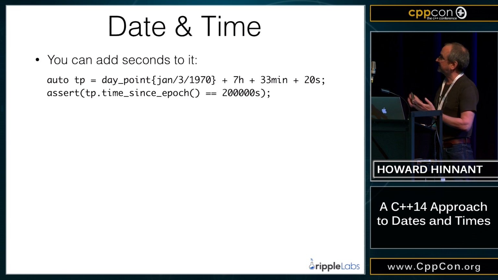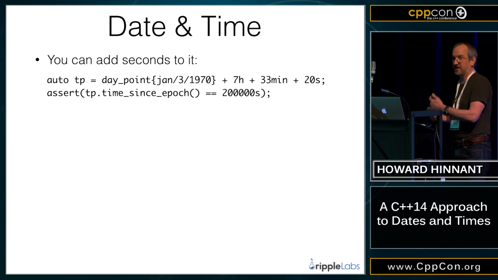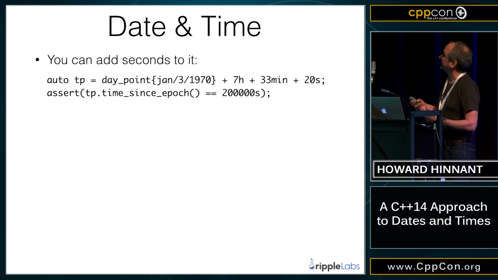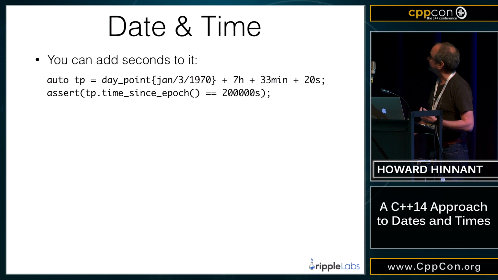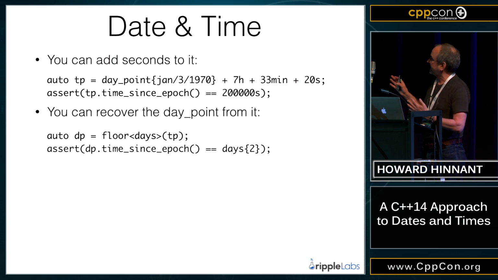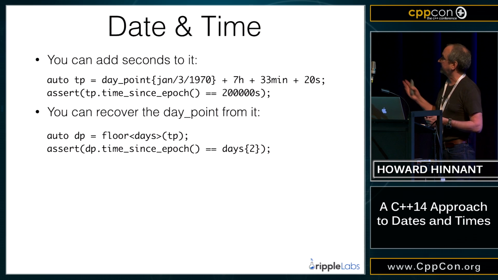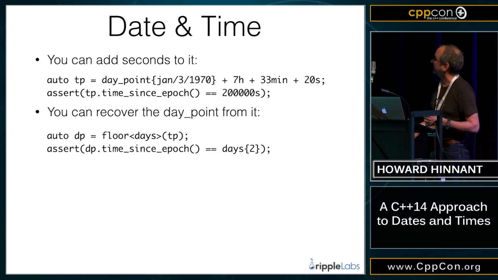Okay, now that I've got this count of seconds since the epoch, how do I go the other way? How do I recover these 6 fields from this 200,000 seconds? So you first can recover the day_point the same way that I've been showing you before. This is nothing but another time_point with a duration of seconds this time. Take the floor of it, I'll get a day_point, I'll look inside under the hood, there's 2 days in there. So that's not quite what we were looking for.